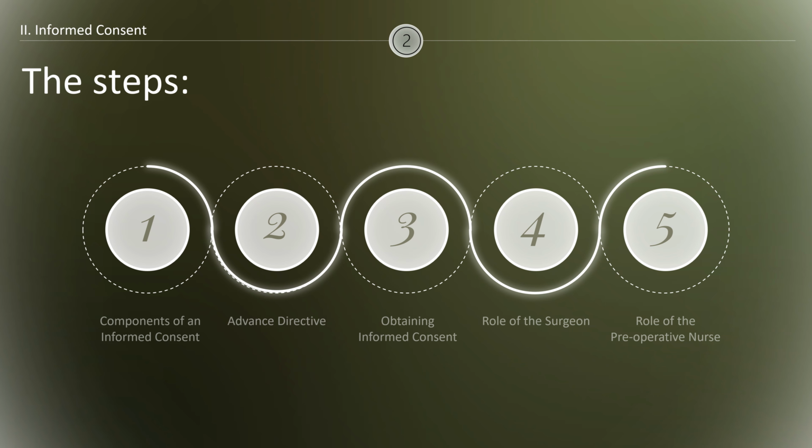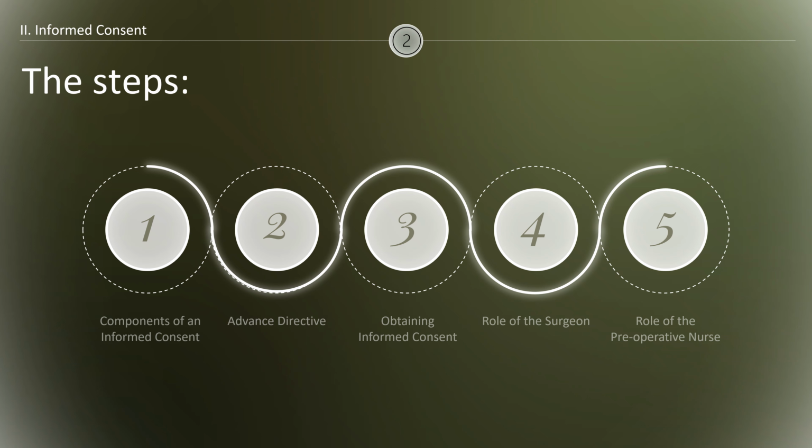The legal and ethical key point here is that the patient has the right to refuse surgery and can change their mind. Another NCLEX question: even if the refusal risks death.